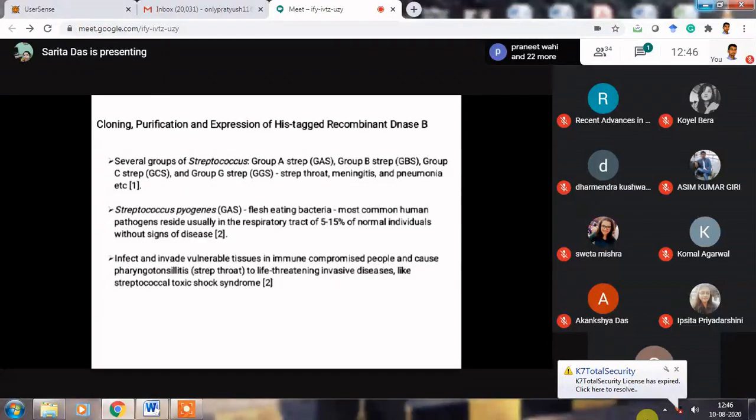If the immune status is good, then it doesn't affect much. But in immune compromised people, and also in young school-going children, they suffer from pharyngitis or tonsillitis, together called pharyngotonsillitis or strep throat, which can sometimes lead to life-threatening invasive disease like streptococcal toxic shock syndrome.